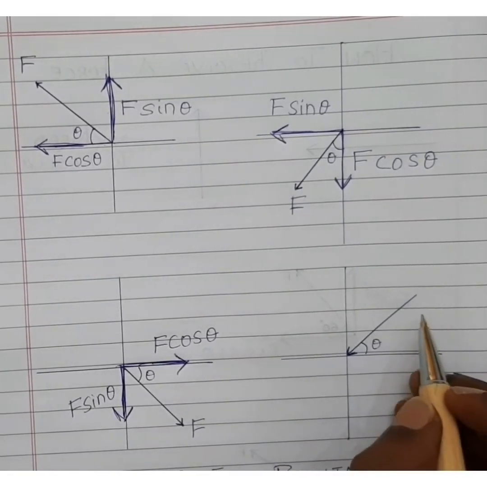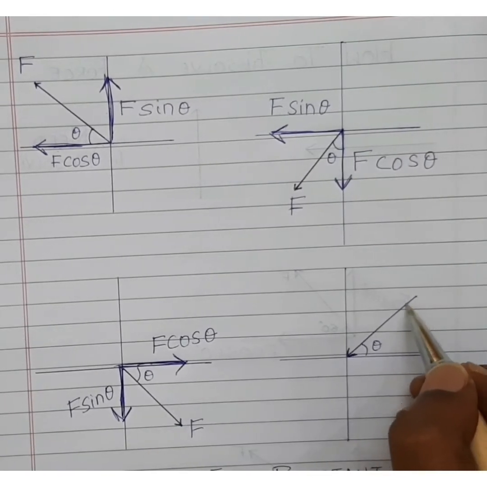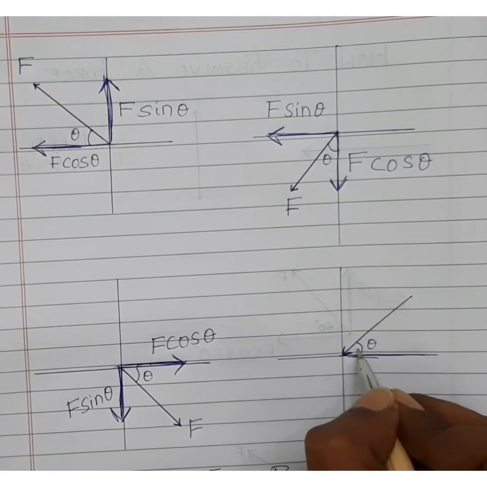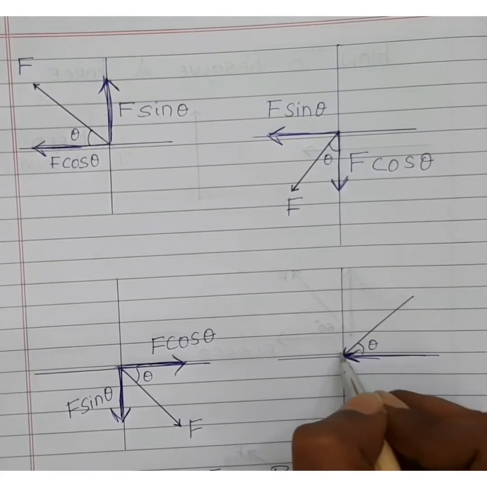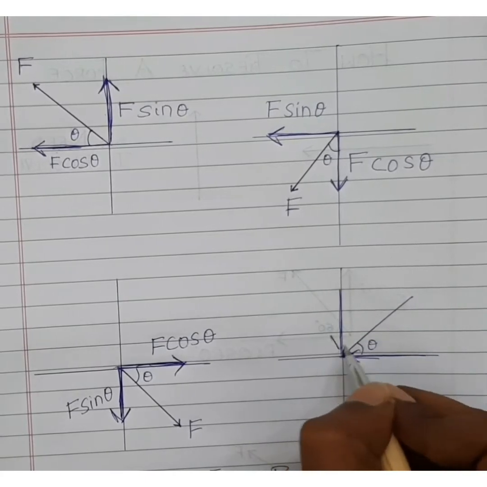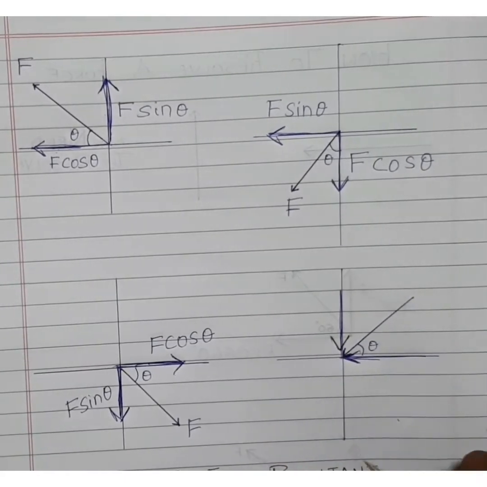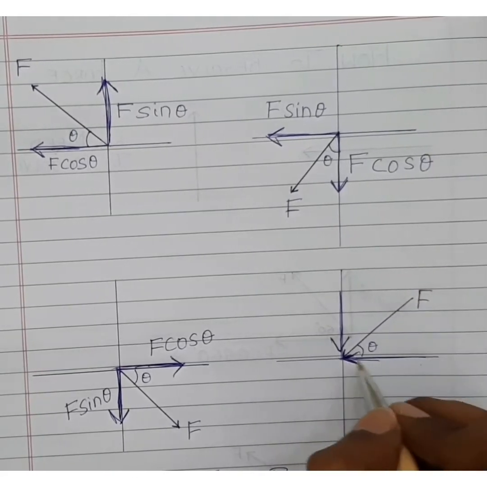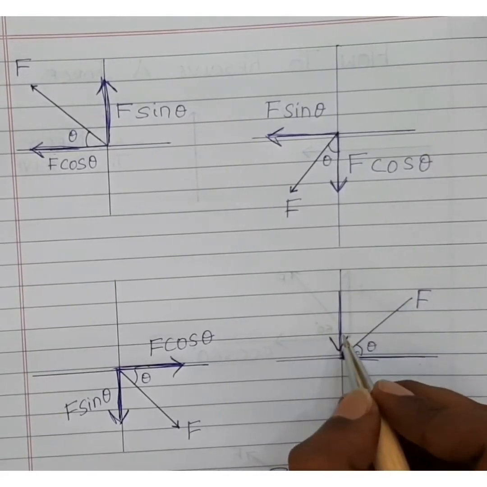In this case, the force is towards the origin, so the components will also be towards the origin. So this will be the direction of the components. Direction changes here. Since the given force is towards the origin, the components are also towards the origin.